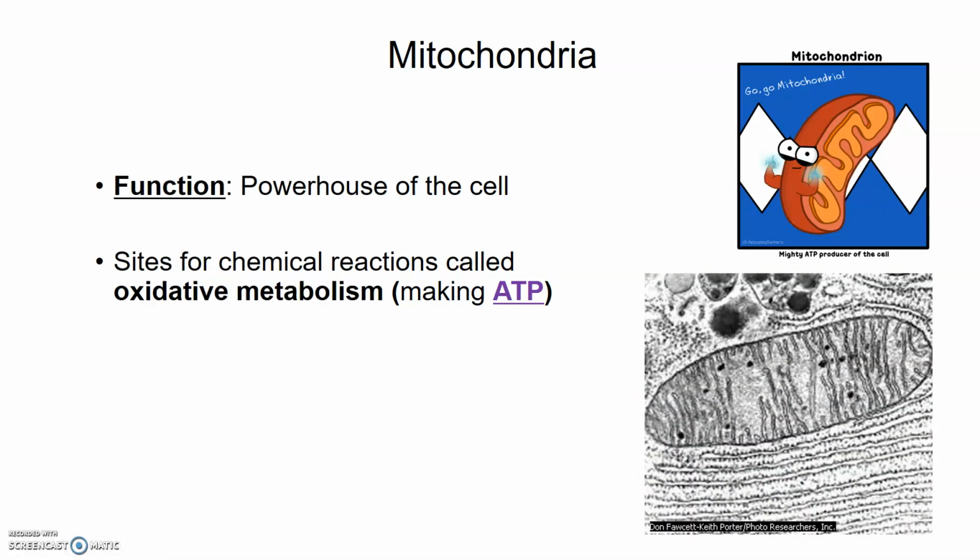Okay. And the next organelle we're going to talk about is the one that provides all of the energy, or the powerhouse of the cell, as we sometimes call it, the mitochondria. And mitochondria are known as the powerhouse of the cell, or this energy-forming organelle, because they are where oxidative metabolism or respiration happens.